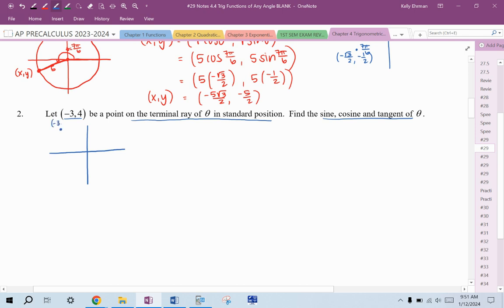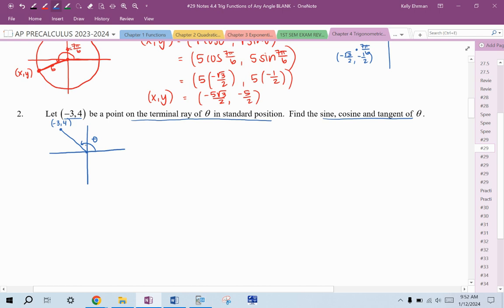There's negative 3, 4. When we say that's a point on the terminal side of theta in standard position, we always connect that ray back to the origin. And they're saying that theta is this angle here, some obtuse angle. I don't know what it is.